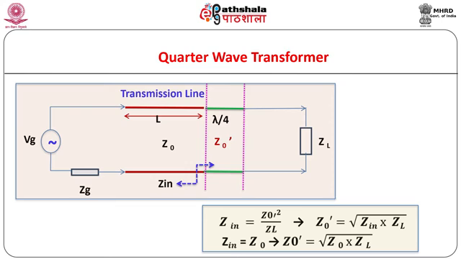For a given ZL, to achieve the matching condition Zin equal to Z0, we can calculate Z0 dash and select the small segment of transmission line made up of appropriate material accordingly. The quarter wave transformer, that is QWT, is many a time referred to in the literature as a lambda by 4 transformer.